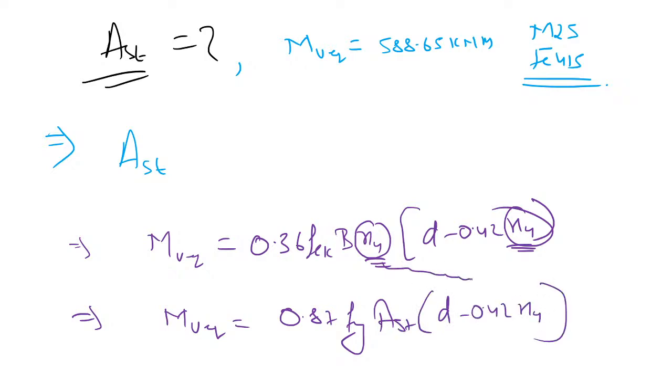It can be substituted in this equation. So when you substitute this value of XU in this equation, you will get a beautiful expression, which is... I am telling you, whenever you put this XU from here to here, you will get AST.